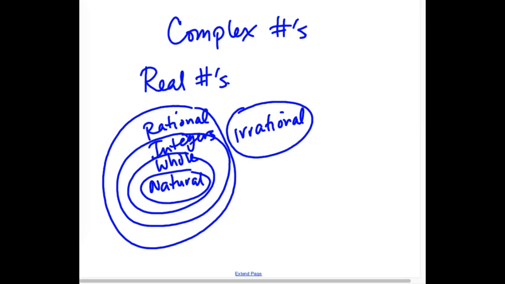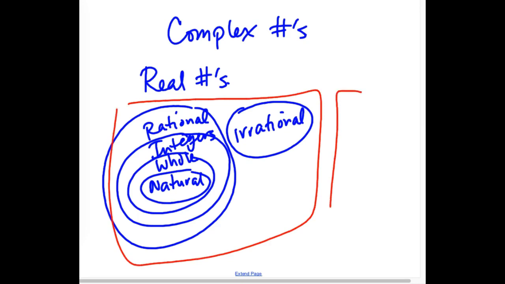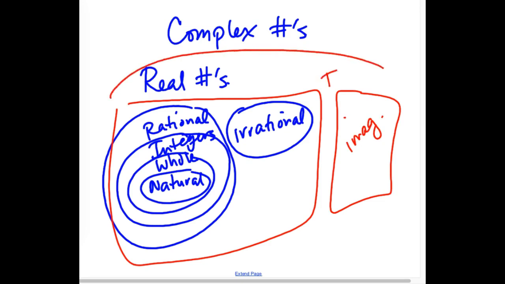Okay? If we add a second box over here that has all of the imaginary numbers, we've created the complex numbers now. So all of this, real plus imaginary, would be the complex numbers. All right?